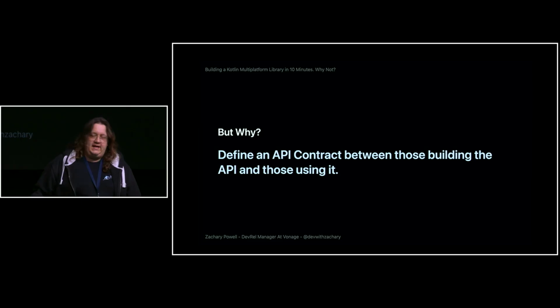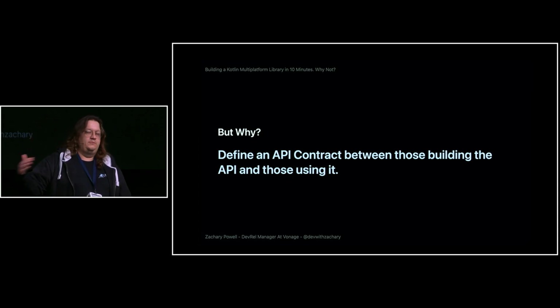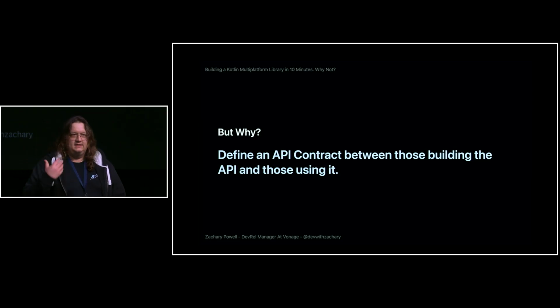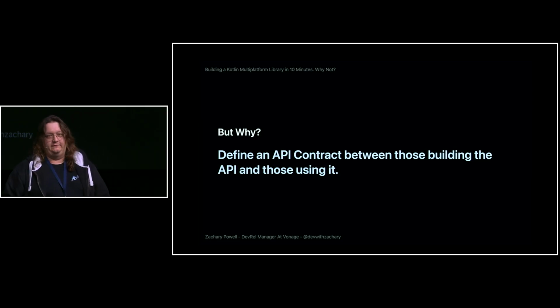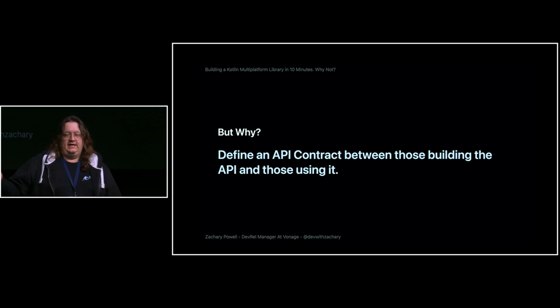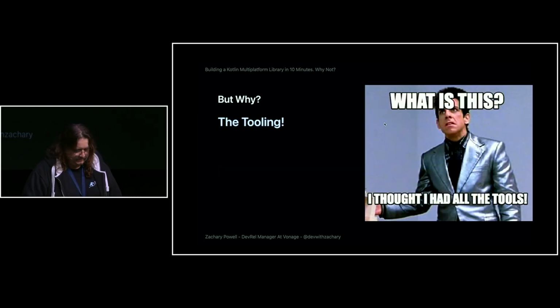Those consuming the API do not care how the API has been written. They do not care what fancy programming languages have been used to do it. They just care what is being taken in, what is being returned to them from that API. And vice versa, those that are building the API don't really care what's being done with that information once it's been exposed, just that it is being exposed in that way.